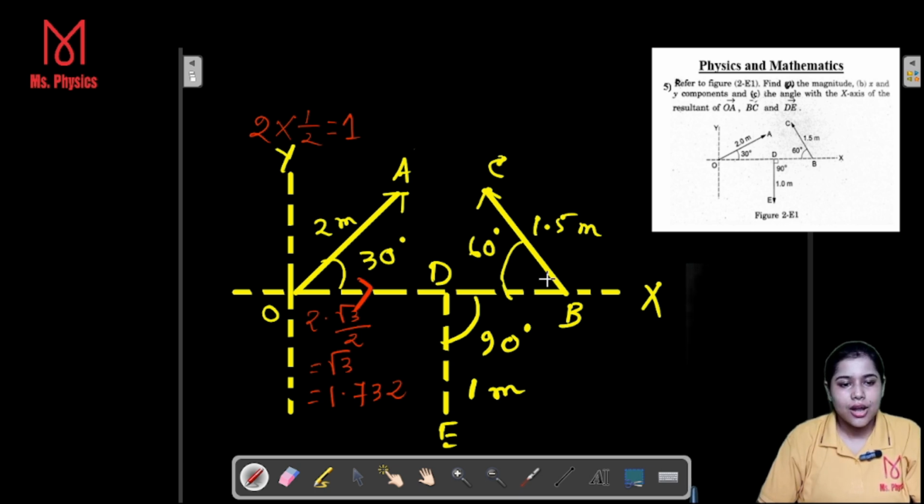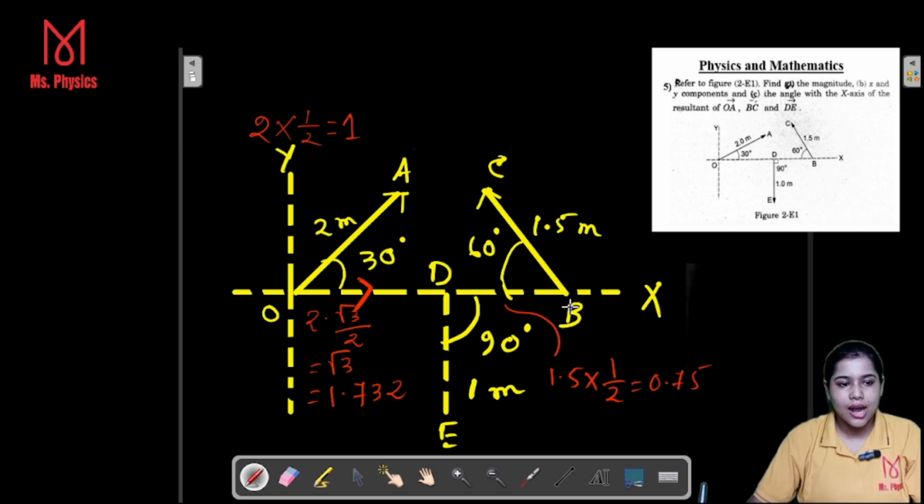Right? Now for the other vector BC, which is having an angle of 60 degree. Obviously along the x-axis the component would be BC cos 60 degree. The value of BC is 1.5. So the value would be 1.5 into cos 60 degree, which is half, so it would be 0.75.